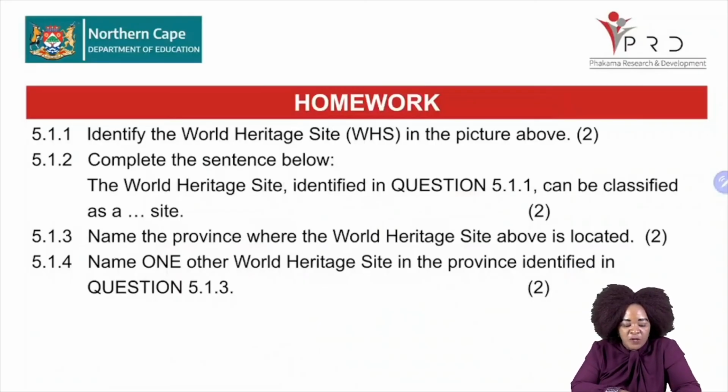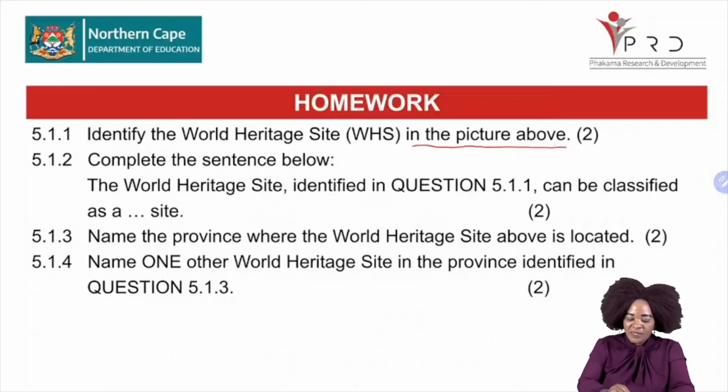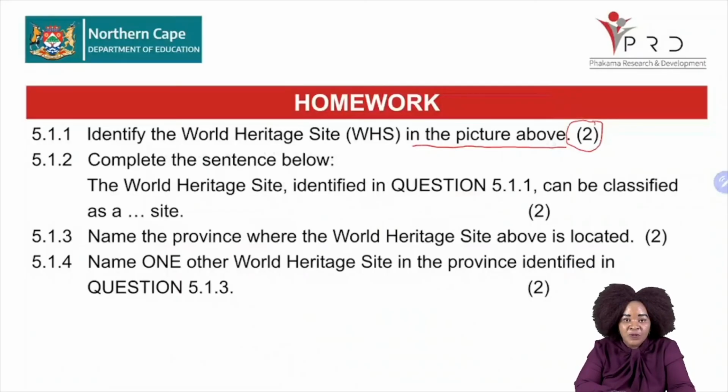So in 5.1.1, you're supposed to identify the World Heritage Site in the picture above. Remember, it talks about flowers and fynbos. So if it talks about flowers and fynbos, what is the name of that World Heritage Site? By naming the World Heritage Site only, Grade 12 learners, it is 2 marks. Very important, guys, that you get it correct. 5.1.2, complete the sentence below.